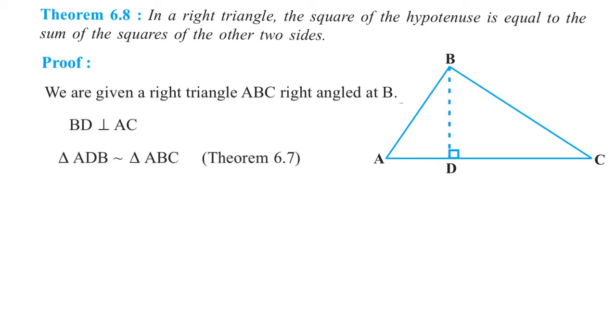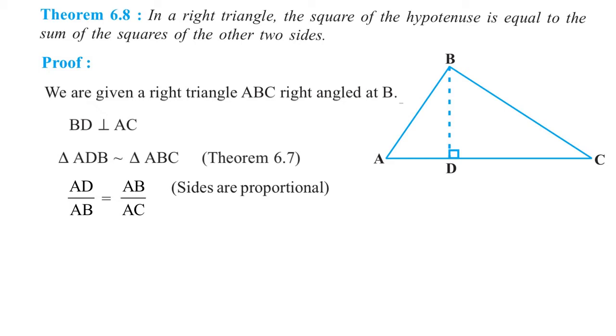So if the two triangles are similar, then the ratio of their corresponding sides will be in proportion. So can I say AD over AB is equal to AB over AC? AD over AB is equal to AB over AC, the proportionality, because sides are proportional.